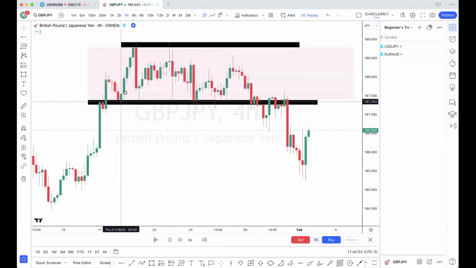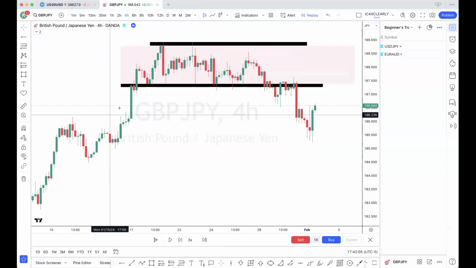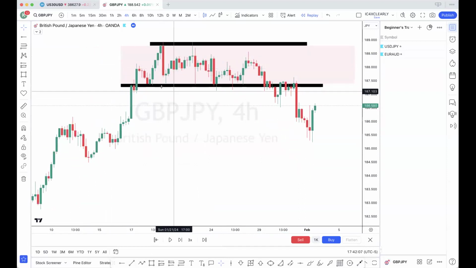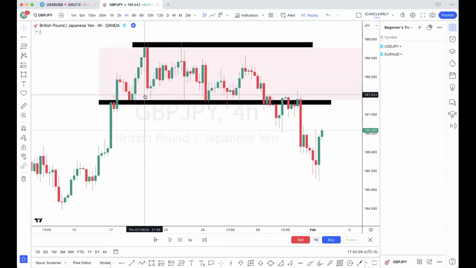Again, trade the trend. So price has been bullish. So once price came here, you're looking for buys. Now we're on the 4 hours. So once price pulled back to this zone, you're looking for entry somewhere in here on the lower time frame to then take it back up to this zone. Okay, and then it pulled back.